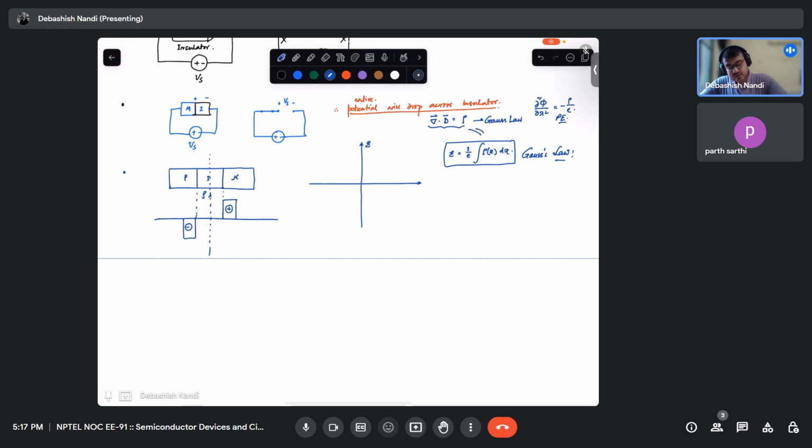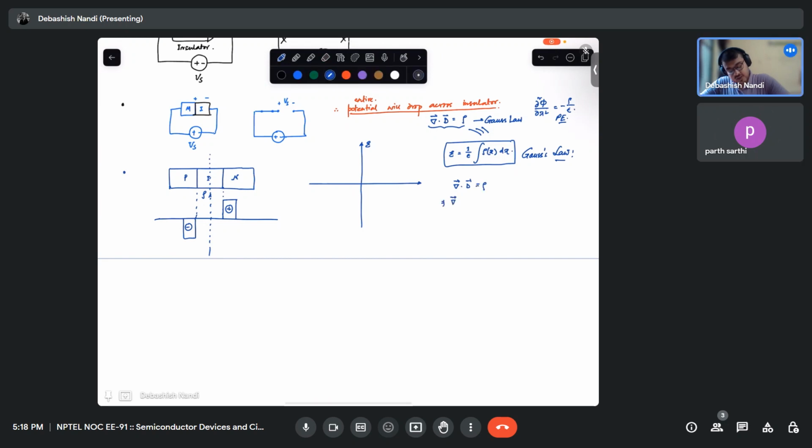Same thing is this. And why do I write that? You know about this operator, right? This is a three-dimensional derivative, called the del operator. So this is your rho.